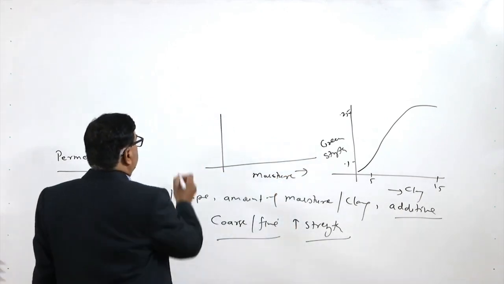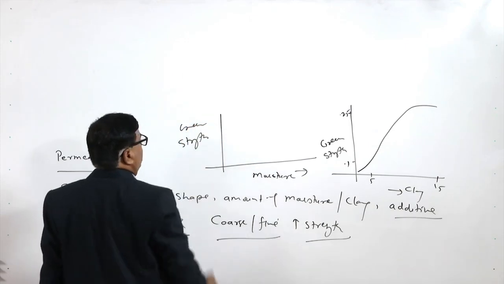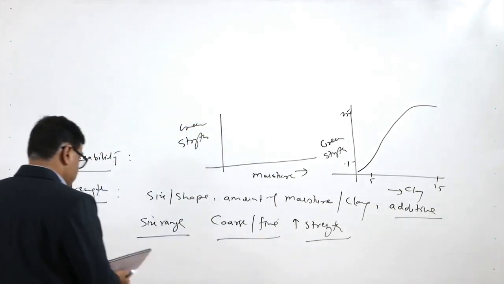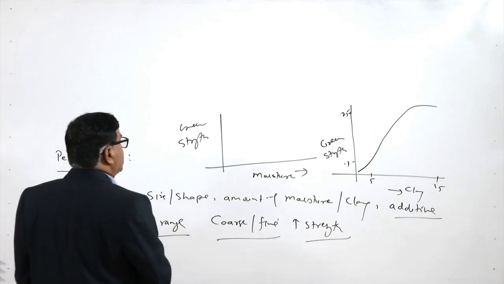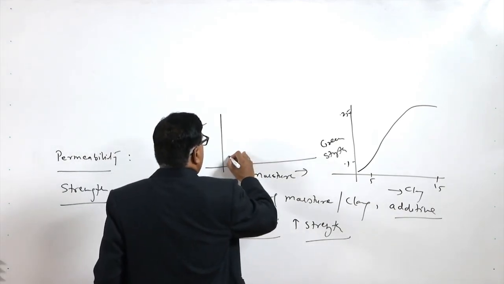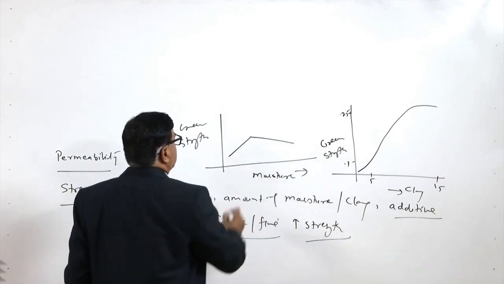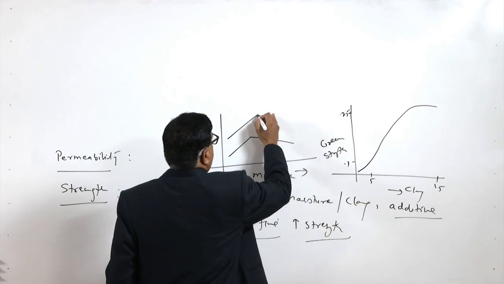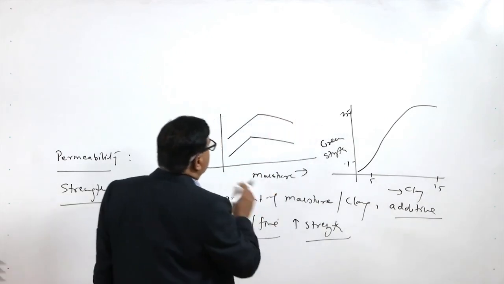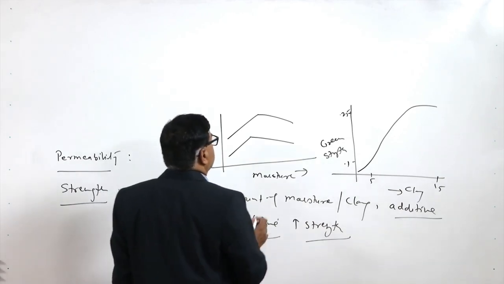So, moisture and the strength or the green strength of the mold. The same trend is also observed in this case, where the strength first increases up to a limit with the increase of moisture, and thereafter it starts decreasing. Depending upon the size of the sand grains, the amount of moisture it can accommodate for maximum strength differs.